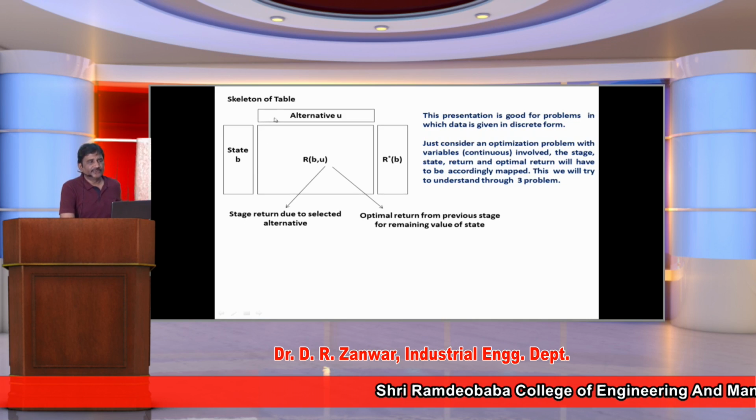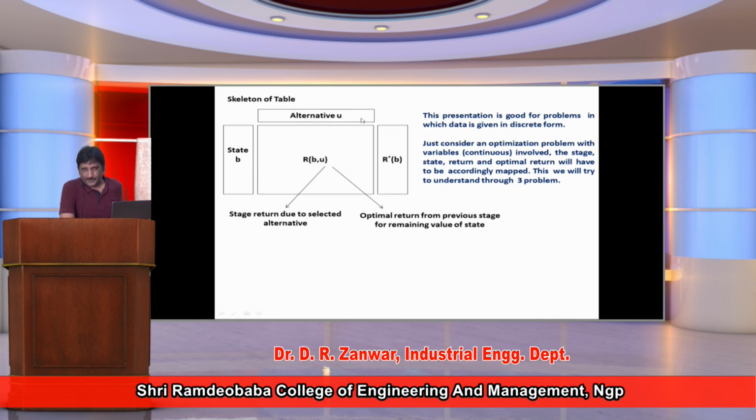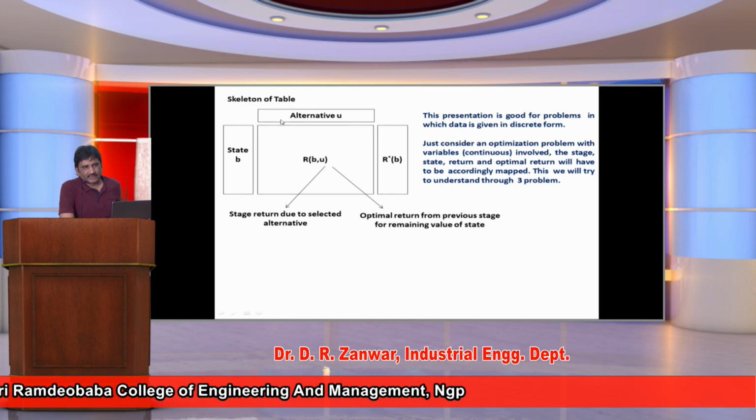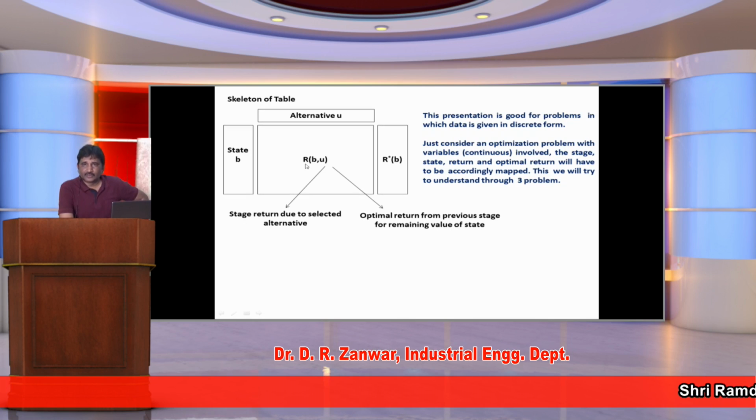Then here you had all the alternatives pertinent to the stage you are dealing with, and you were also writing the corresponding return pertaining to each alternative. In the main body of the skeleton, we used to write the return. Return is a function of state and alternative, right?